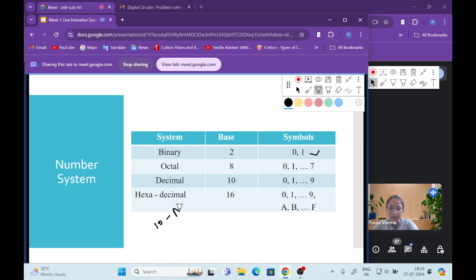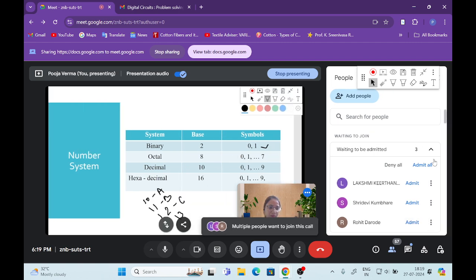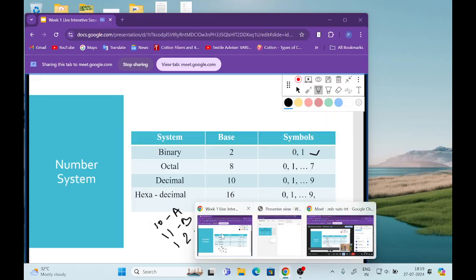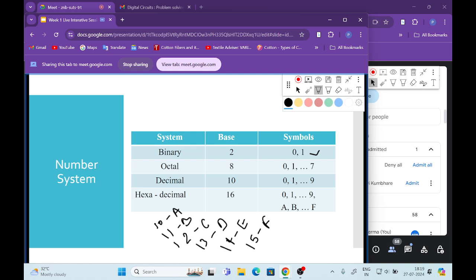For example, 10 is represented by A, then 11 by B, and 12 by C, and 13 by D, 14 by E, and 15 by F. Okay, so 0 to 9 are represented as they are.